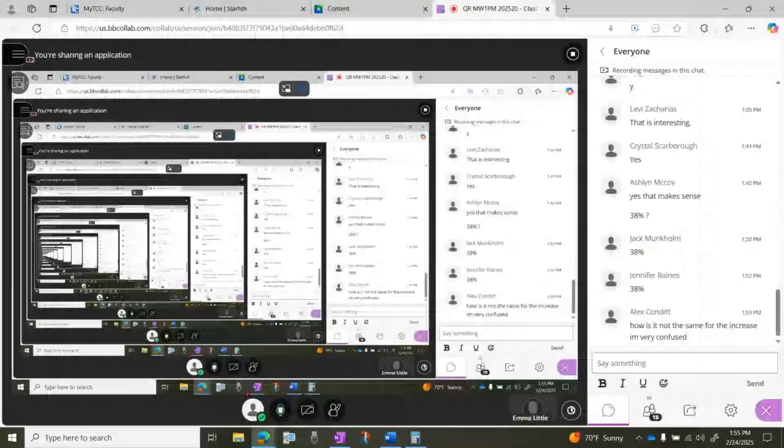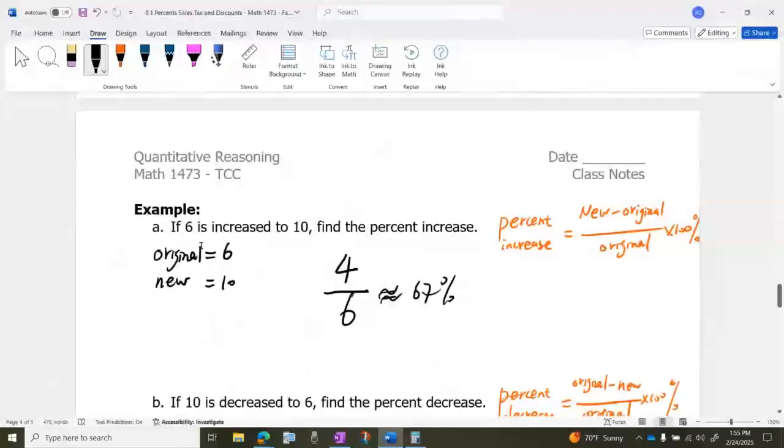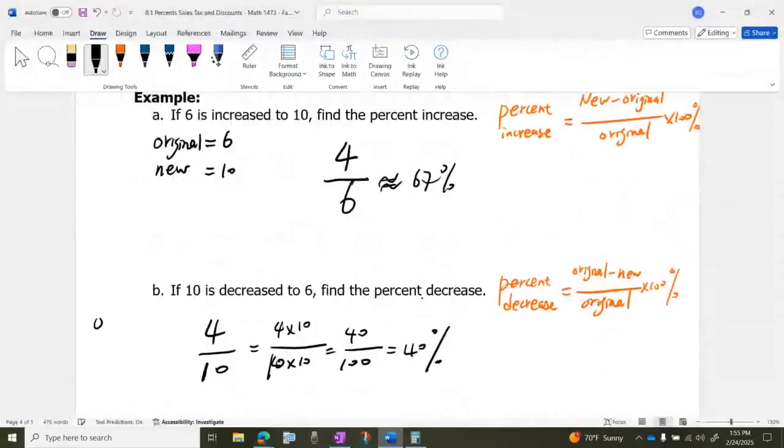How is it not the same as the increase? Yeah, that's a good question. The increase time, the original is 6. Yeah. You always have to do this. In part B, the original is 10. The new value is 6.